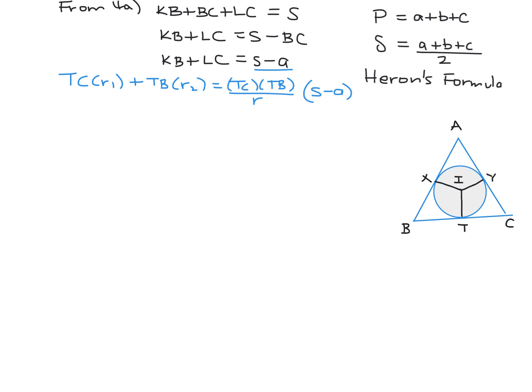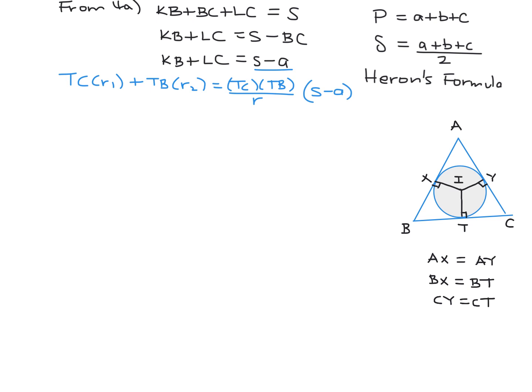Those are tangent points as well. So this is going to be a right angle, this is going to be a right angle, this is a right angle, like that. Okay. So again, the same sort of tangent rules. By now you're an expert, so you don't need me to talk you through it. AX would be equal to AY for the same sort of rationale as before. BX is equal to BT, and CY is equal to CT.